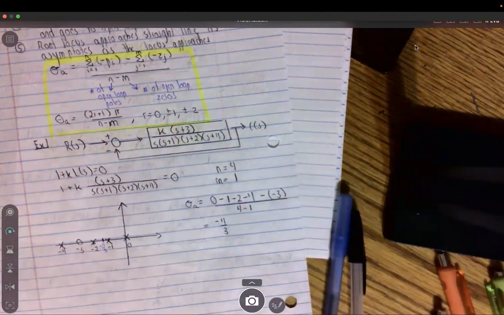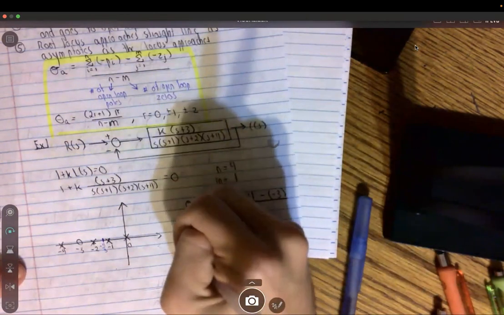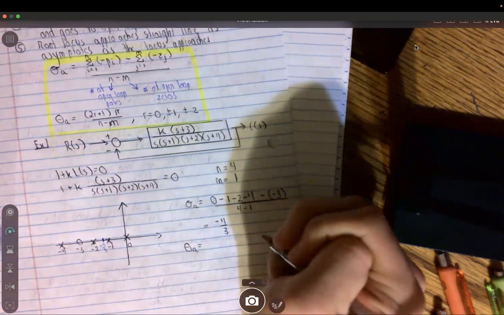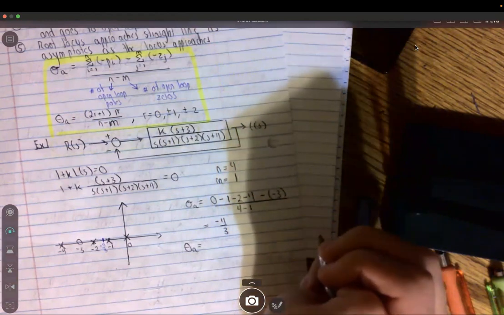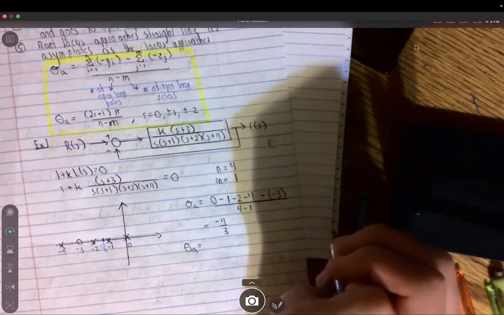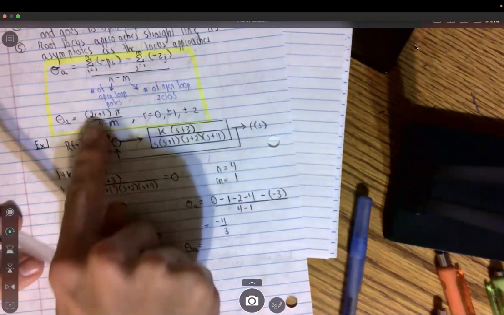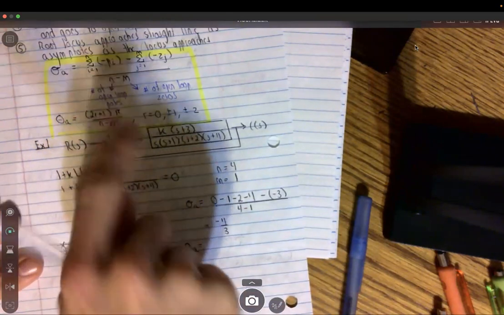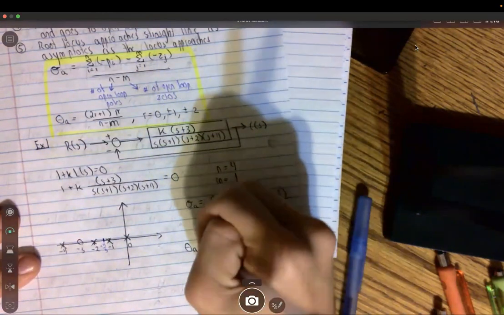Now that we have that, we have to determine the angle of our asymptotes. So the angle of the asymptotes, if we start out with r equal to 0, we're going to notice that plugging in 0, we're going to get pi over 3.